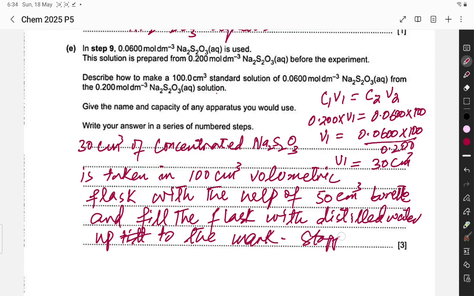Stopper the flask and shake the solution.